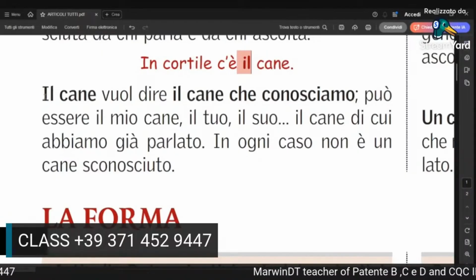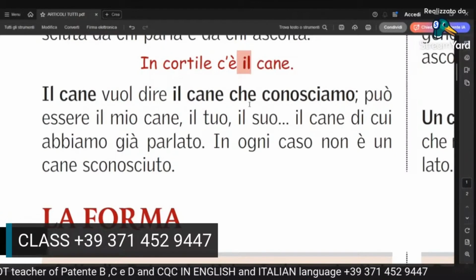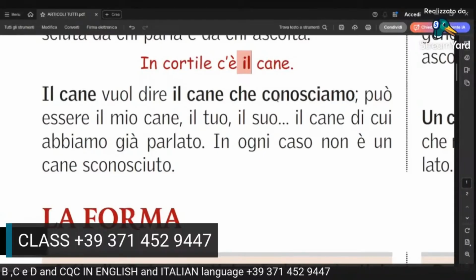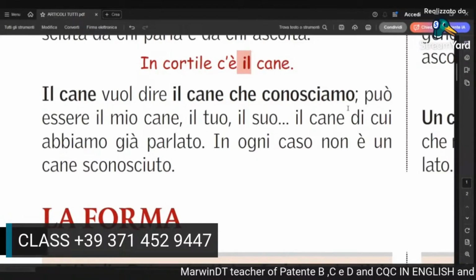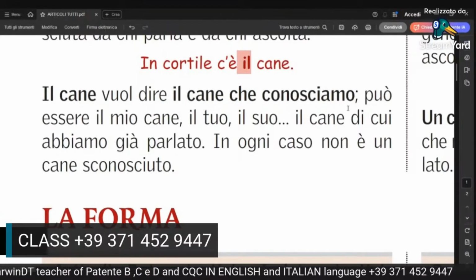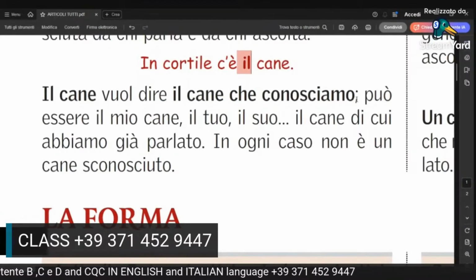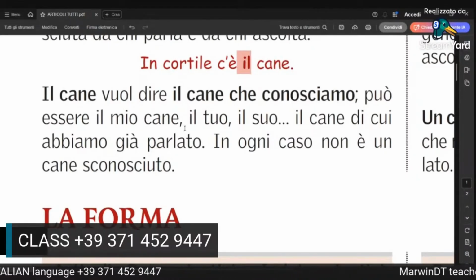It says, il cane vuol dire il cane che conosciamo. So it says the dog means the dog that we know. So the example says, può essere il mio cane, it can be my dog. It can be your dog, il tuo.